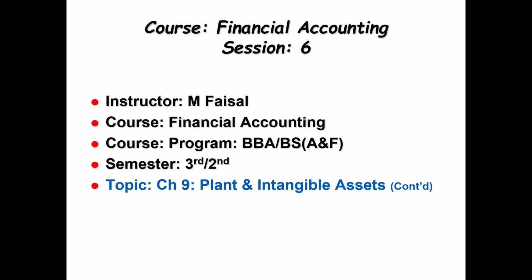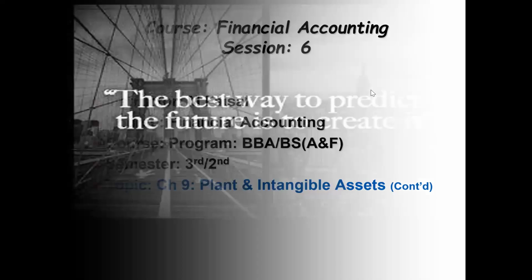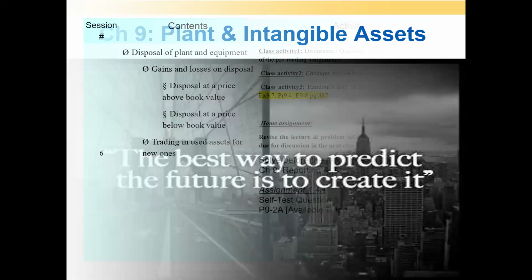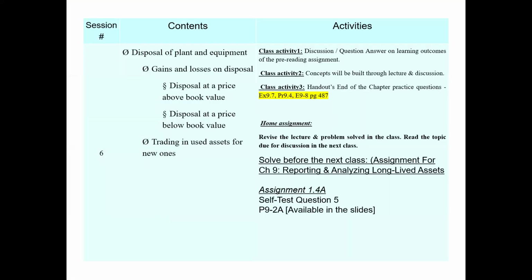Then the second was recording of depreciation, which we learned about in the last two lectures. And the third one is disposal. So this lecture will focus on disposal of plant and equipment once they are of no more use.